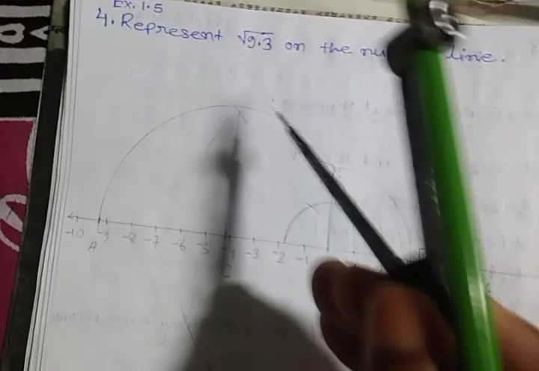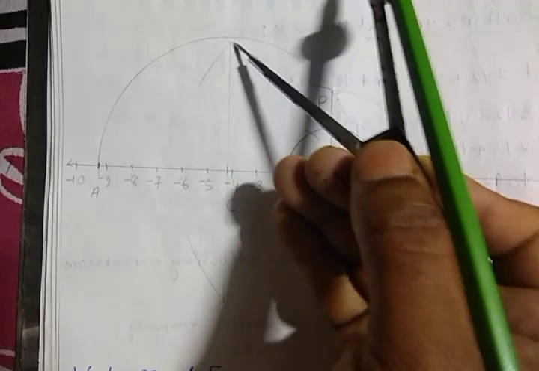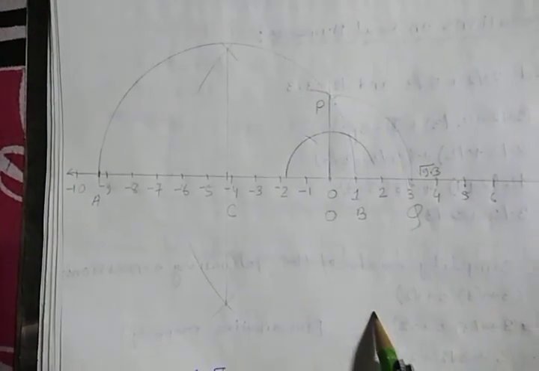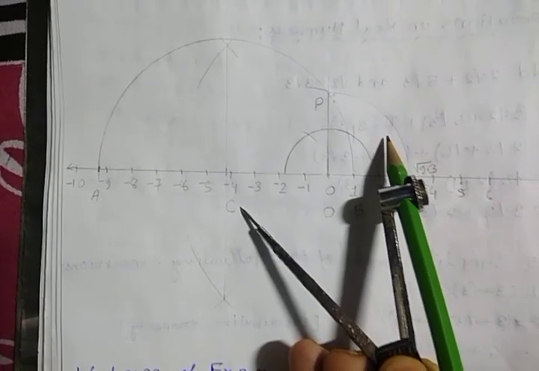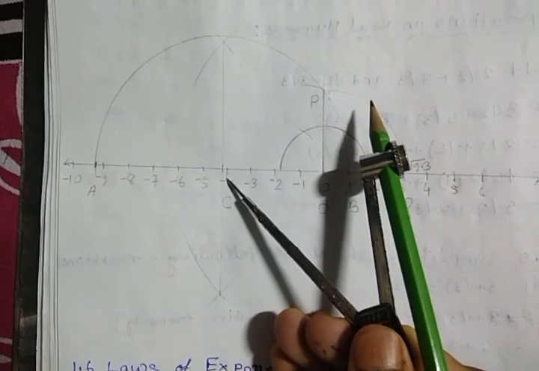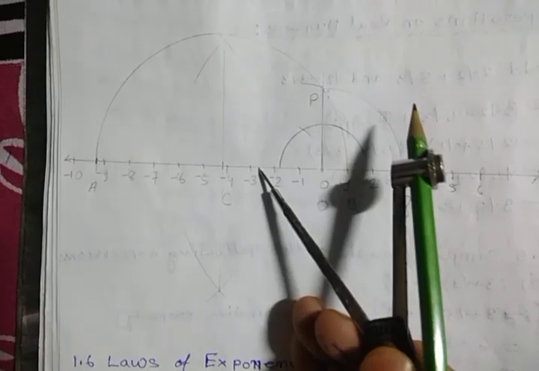The intersecting points will be here and here. Then by scale we join these two intersecting points. It will intersect the number line at a point, and we will call it C. So C will be the center, because this is actually the midpoint.